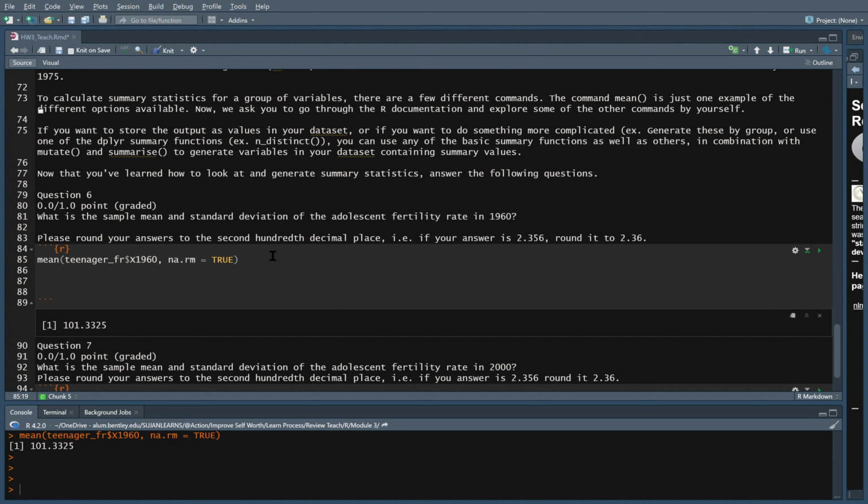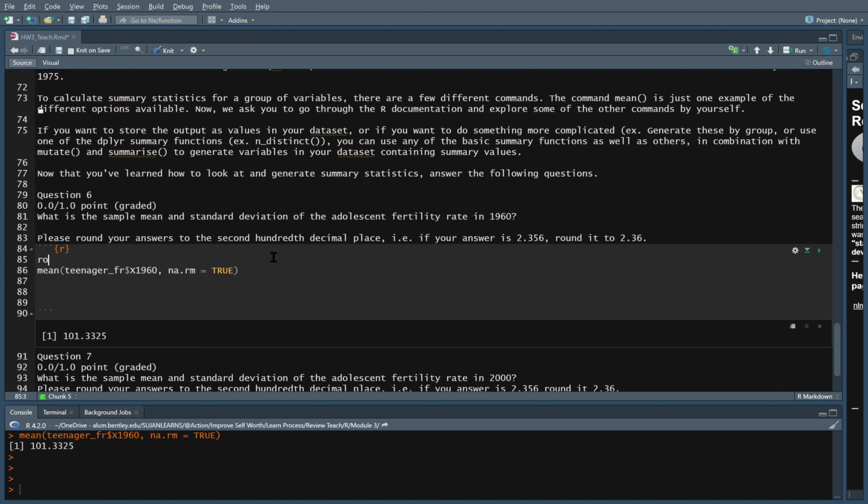Let me show you. Let's use the round function here and copy and paste inside it. And let's do two places such that it is two decimal places. And we get 101.33. And this is actually what we're looking for.